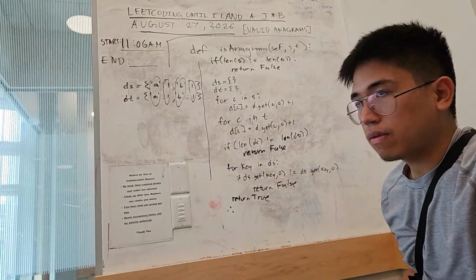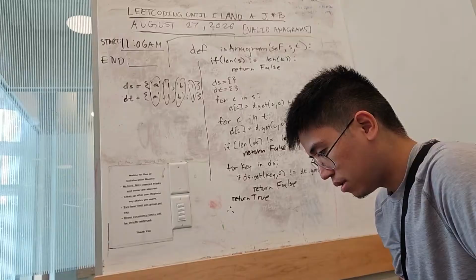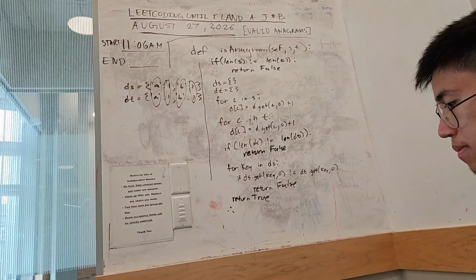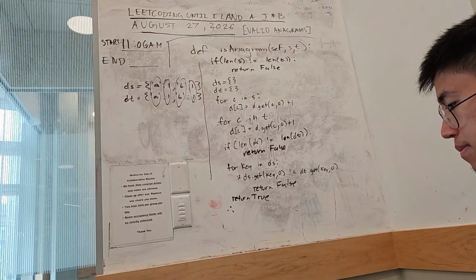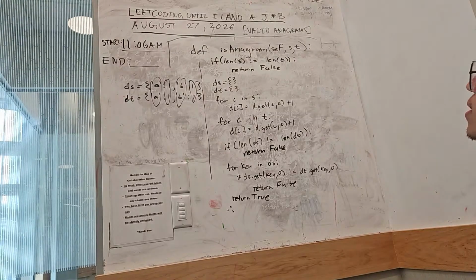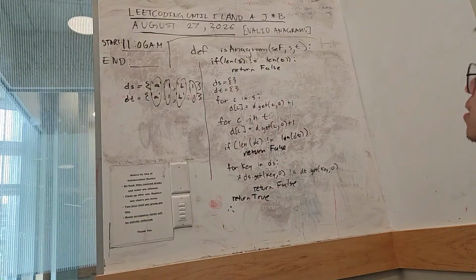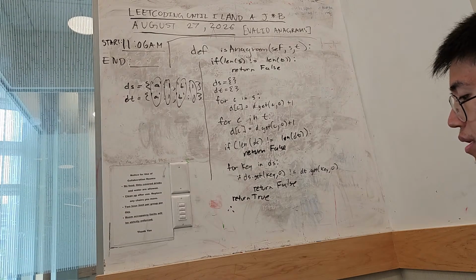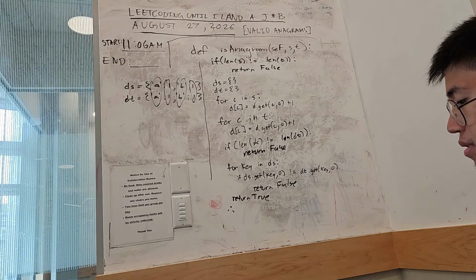So right now, hold on. I'm gonna code this up by hand. Okay, so we say if the length of S is not equal to the length of T, then return false, right? And then we say d of S, initialize, d of T, both dictionaries.